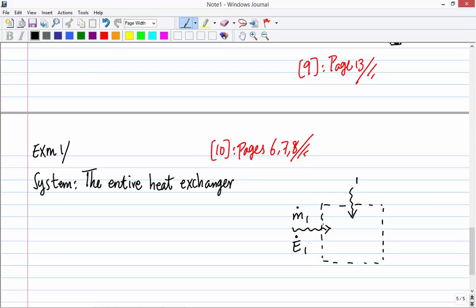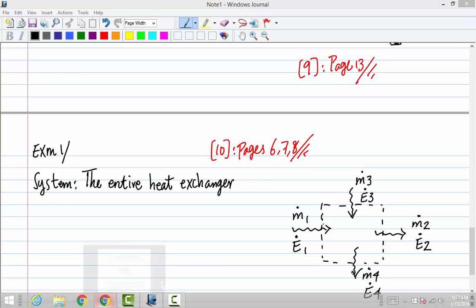And I have m dot 3, I define here as point 3, and e dot 3. So here I have likewise m dot 4, e dot 4. They're all dots because everything is per time. m dot 2 and e dot 2.